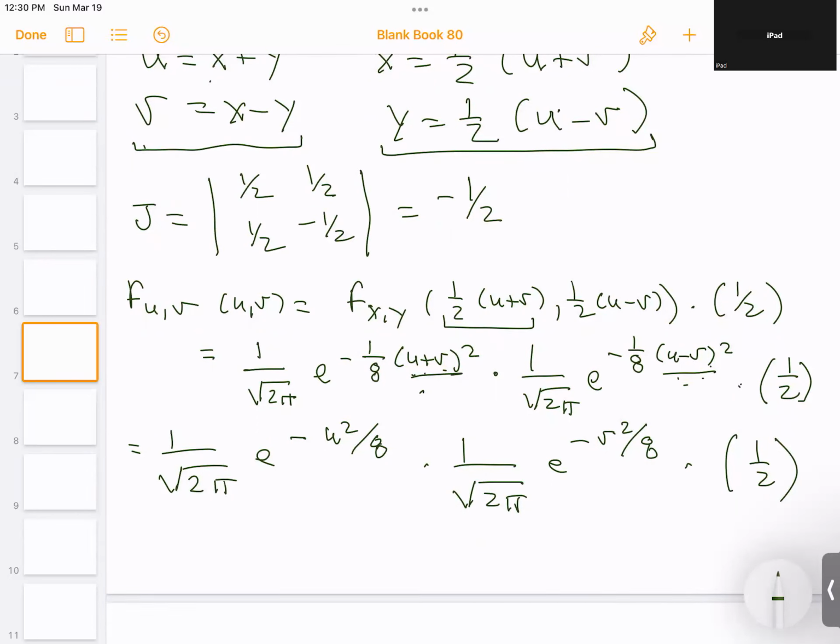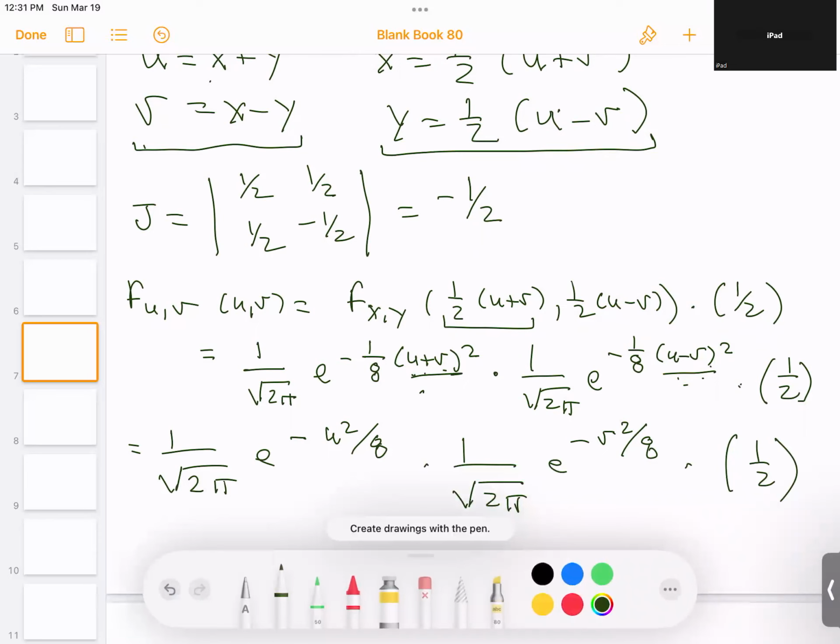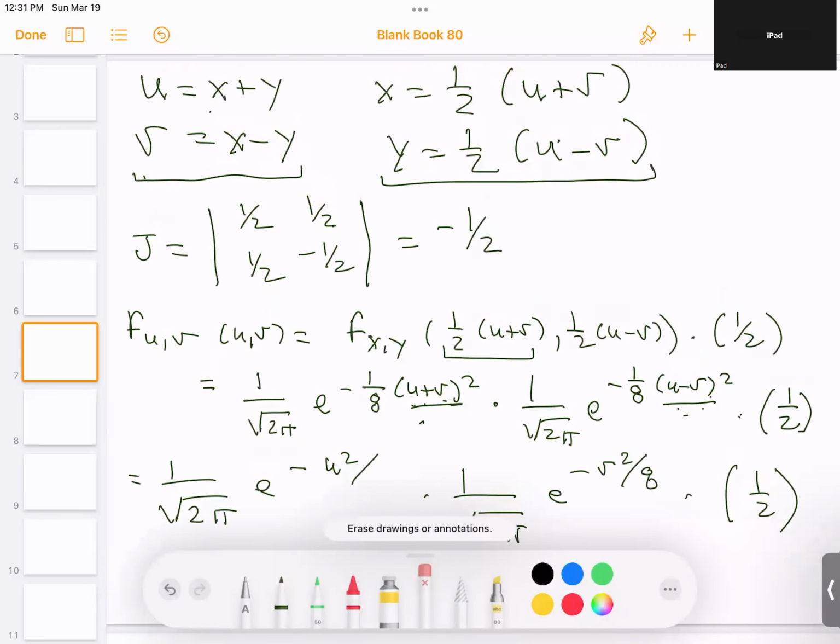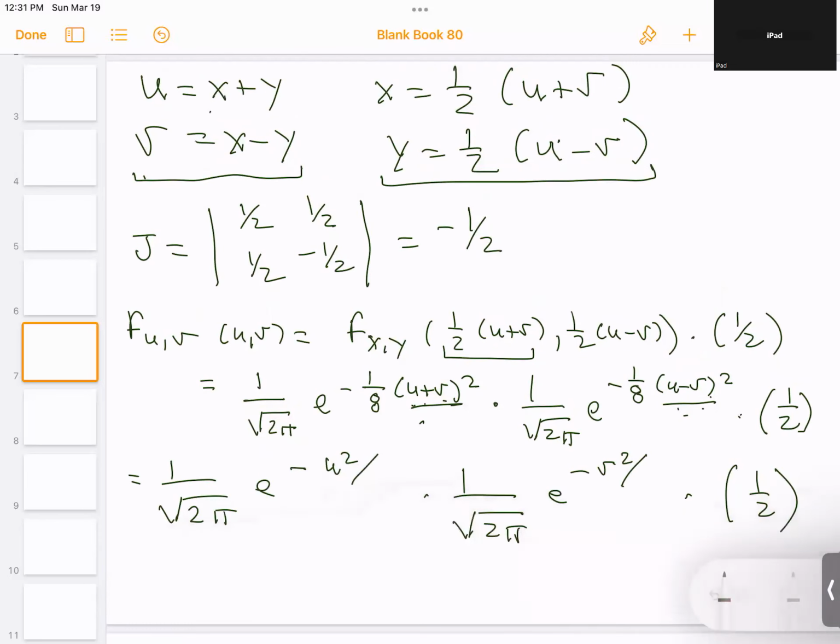And so when I add this together, these become fourths, right? In other words, I have 2u squared here, 2v squared and a 0. And so this looks right.